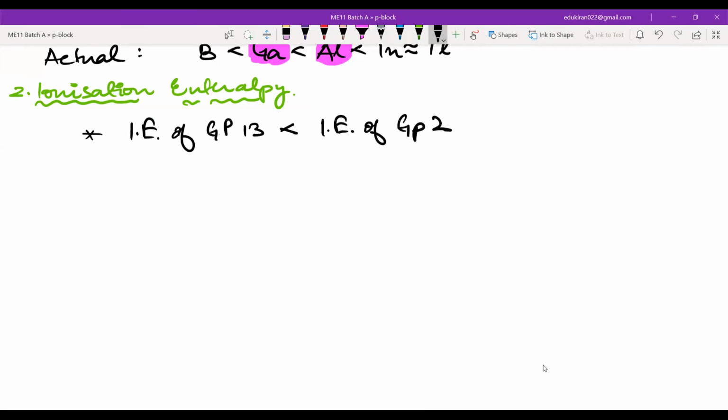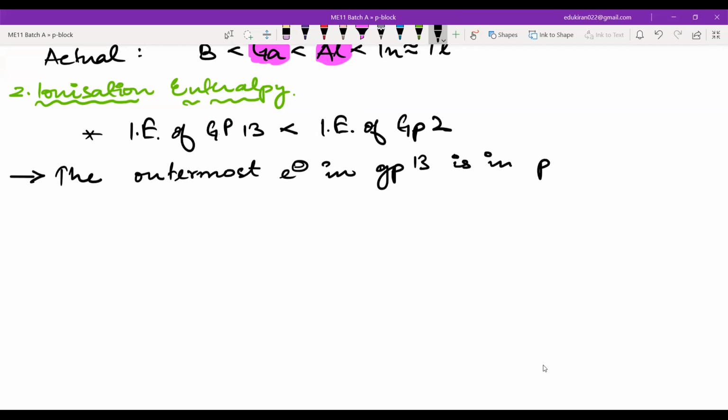Why? The reason is that the outermost electron in group 13 is in p subshell, but in group 2 it is in s subshell.